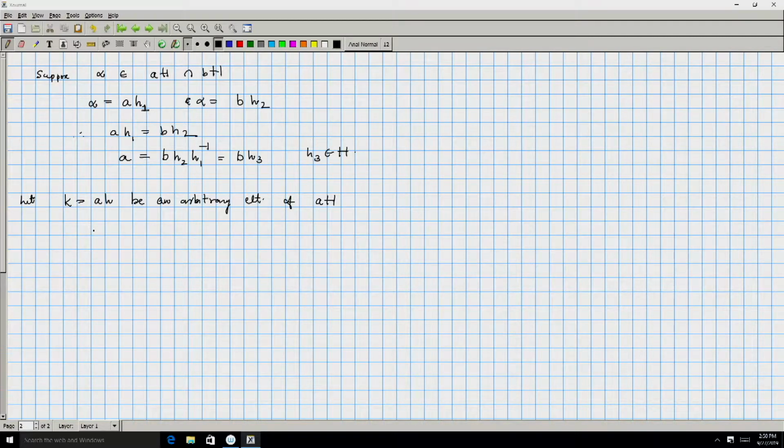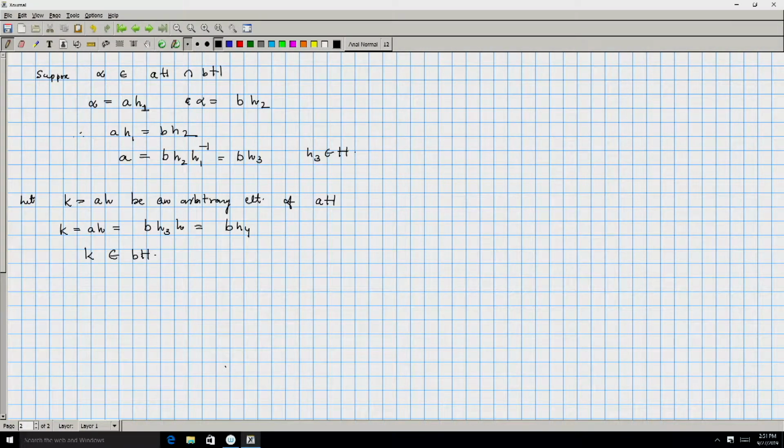Okay. So, k is equal to a h. So, a can be written as b times h3. So, k is equal to a h can be written as b times h3 times h, and that is equal to b times h4. So, this means that k must belong to bH.